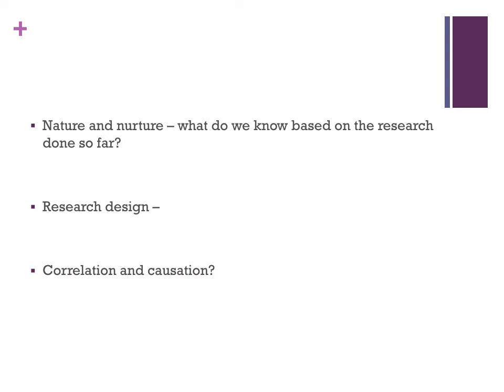This is a question of who we are growing up as children, adolescents, and even adults. Is that more based on nature, the genetic blueprint that we've been given, or is it more nurture, the environment in which we were born and or grew up in, or is it a combination of both? So go back to the text and try to see if you can find a way to answer this. What do we know based on the research that's been done so far?